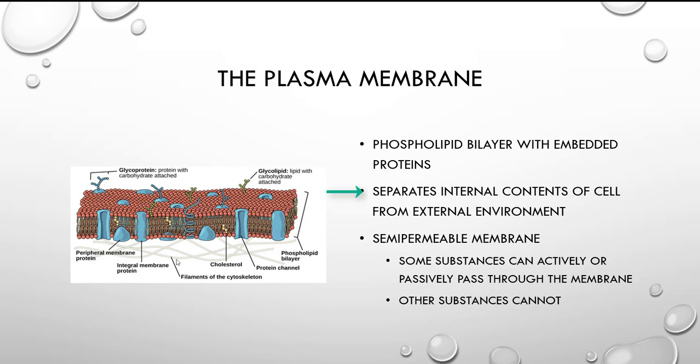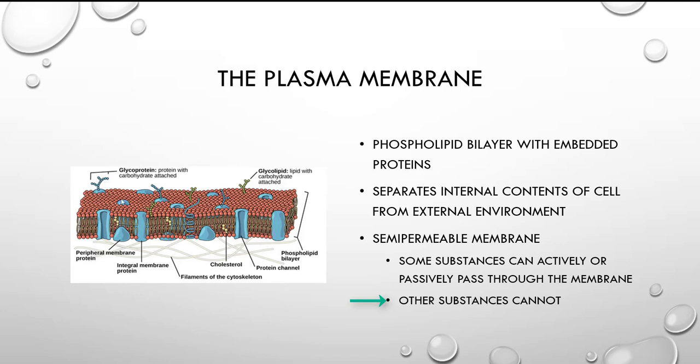Well, it separates the inside of the cell from the outside of the cell. The internal components of the cell are separated from the external environment. And like I said before, it's very complex because it's semi-permeable. Certain things can easily move into and out of the cell, either actively or passively, but other substances can't.